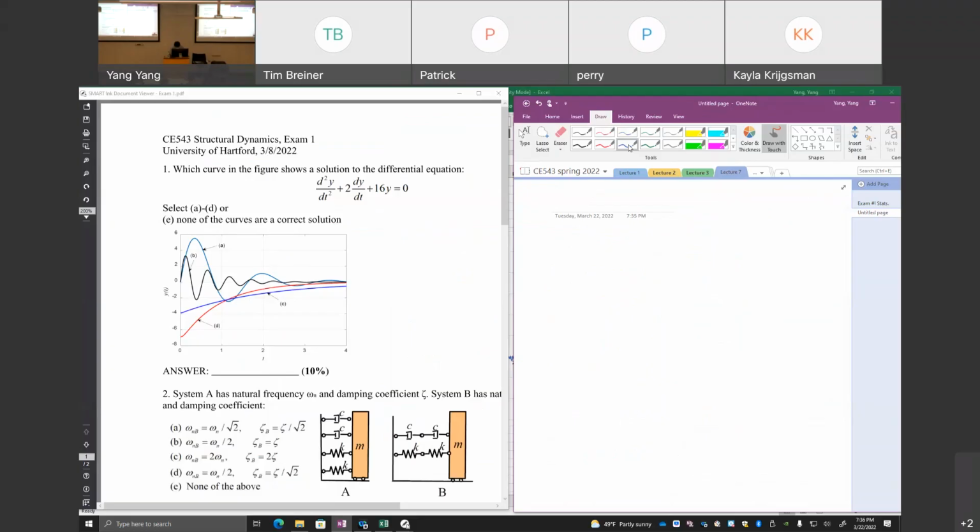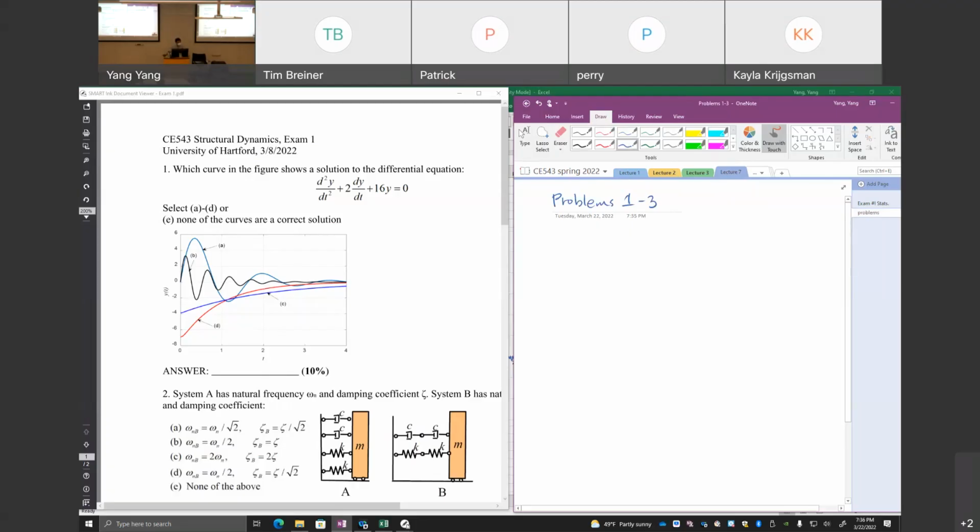Can everybody see the problems on the left side and the solution file on the right side? So now let's talk about the solution.